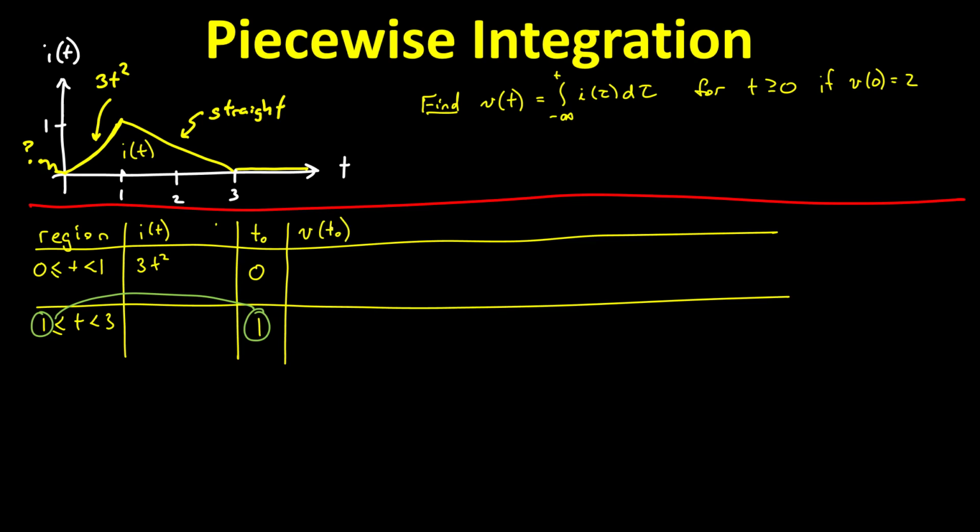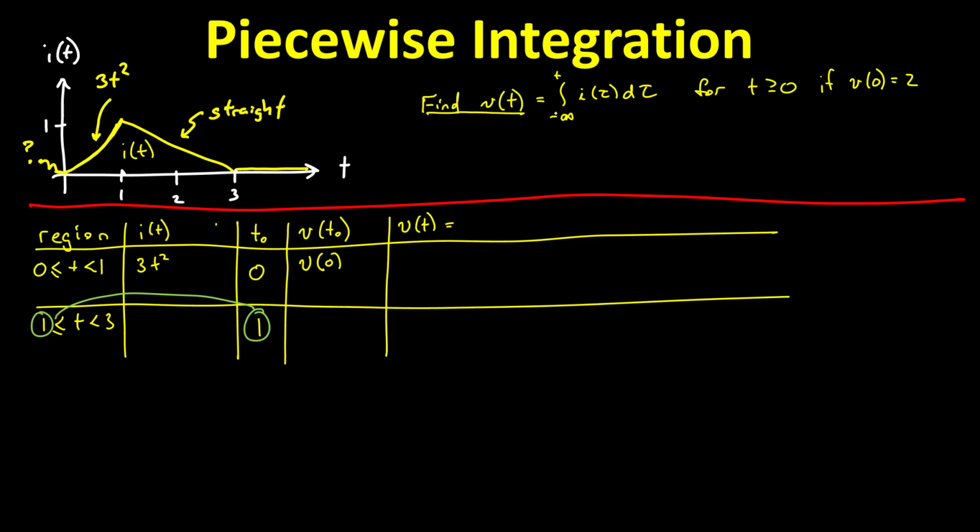In other words, we're going to start off by asking, what is v of 0? And then last, we're going to find the answer to the question that we were originally asked, which is, what is that voltage for any variable t in that time region?